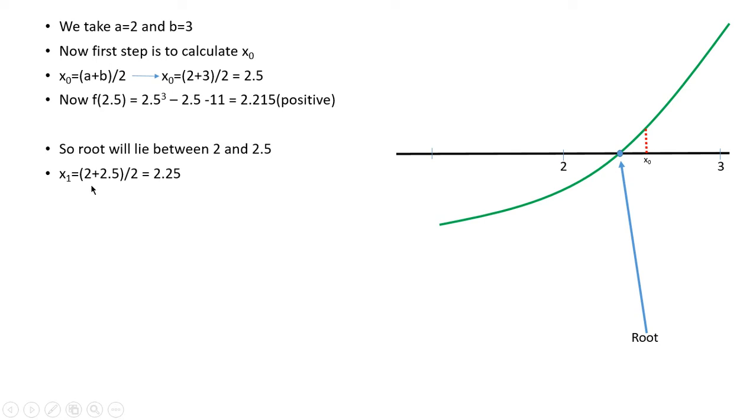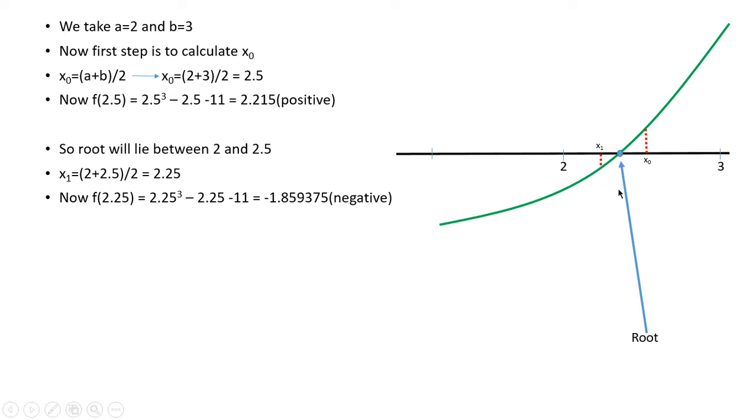Now we will again apply the midpoint rule and calculate x1, which comes to be 2.25 right here, and we will put x1 into the function and check whether it gives us 0 or some value. As you can see, it gives us some negative value, so again you have to look at which point you will drop this time.